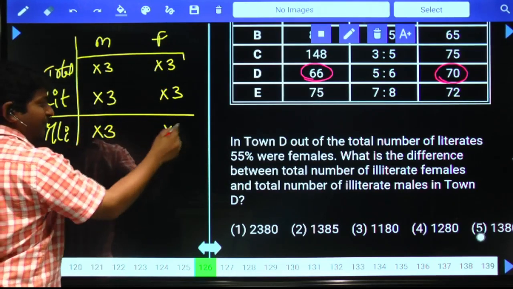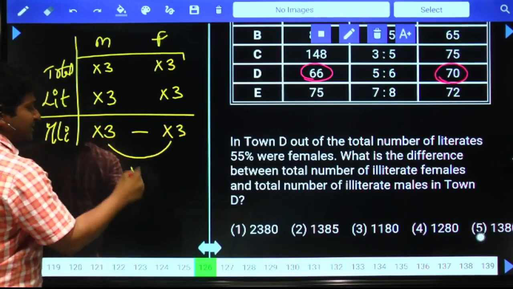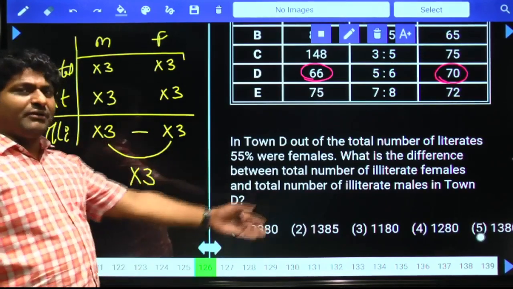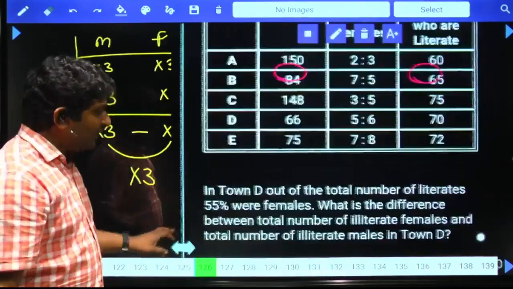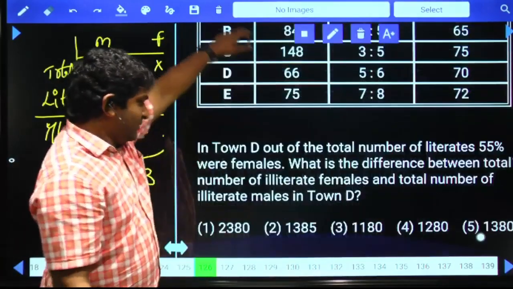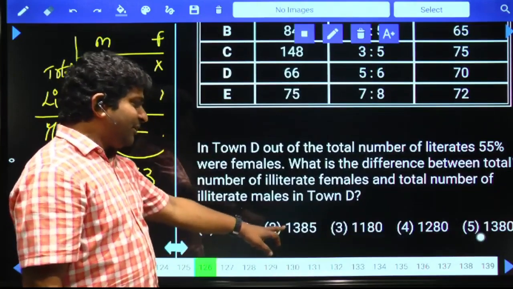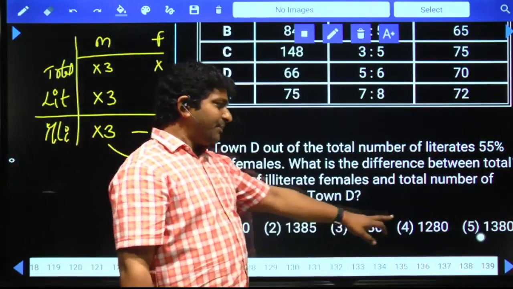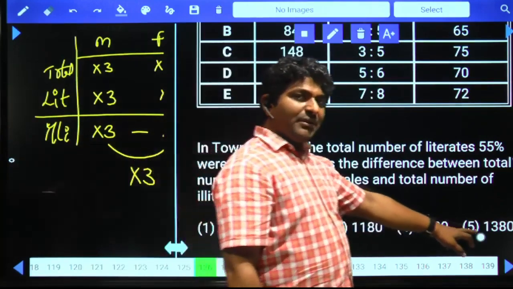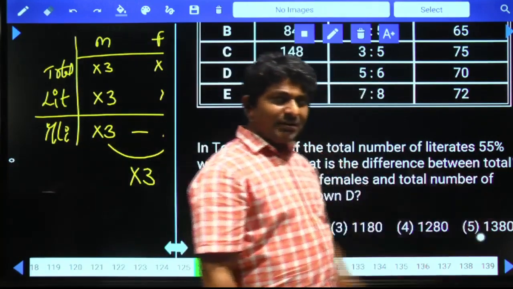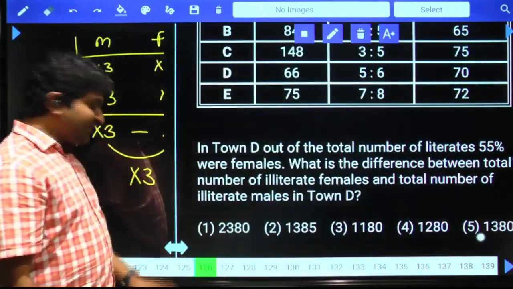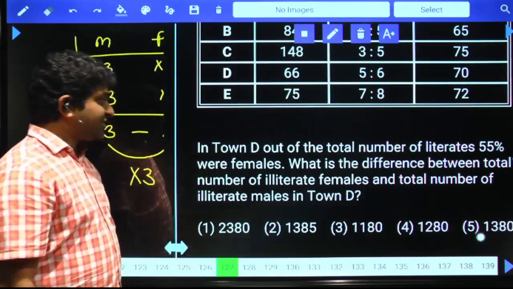Here also a 3 multiple. Difference between these two numbers is also a 3 multiple. Let's verify how many options are 3 multiples. First option is not a 3 multiple. Second is not. Third is not. Fourth is not. Fifth is a 3 multiple. 1380 final answer. Just the 3 multiplication rule. With that, you can answer this question.